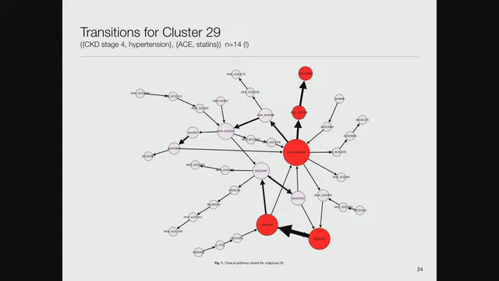So these nodes imply other nodes, and the strength of the arrows is proportional to their width. And so this is a representation of everything that we've learned about that cluster, but remember, only from those 14 patients. So I'm not sure I would take this to the bank and rely on it too intensely.